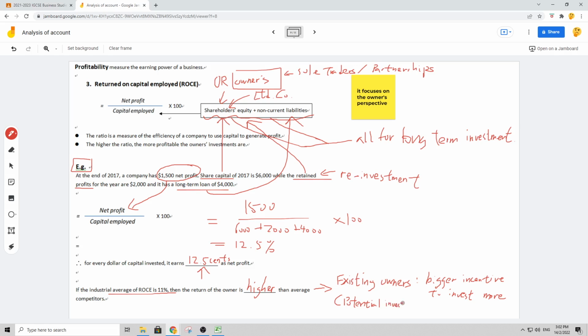So if I see that when I invest into this business I can get some decent returns, then maybe I should put my money into this business and see if I have the luck in the near future. Does it make sense? So there you go. That's basically what ROCE is. Any questions for ROCE? Are we all good?